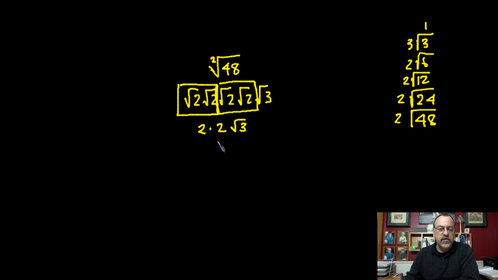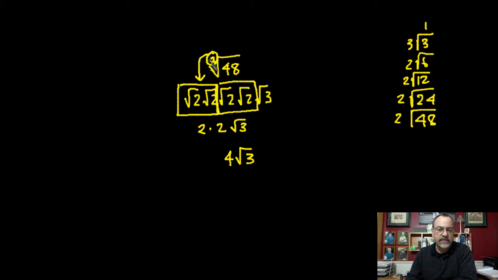So now that these are whole numbers outside, I can multiply them together, and so I get 4 square root of 3 is the simplified version of the square root of 48. Now I want you to notice that this number here, the index, matches how many radicals I needed in order for this to make a whole number.